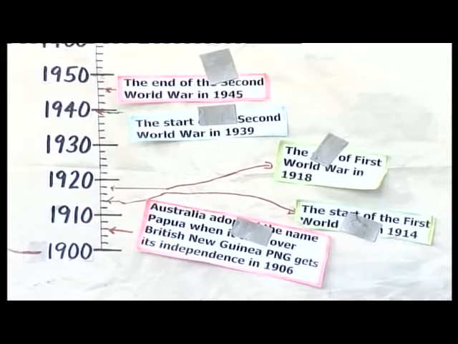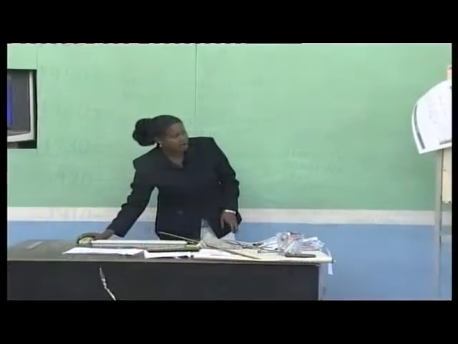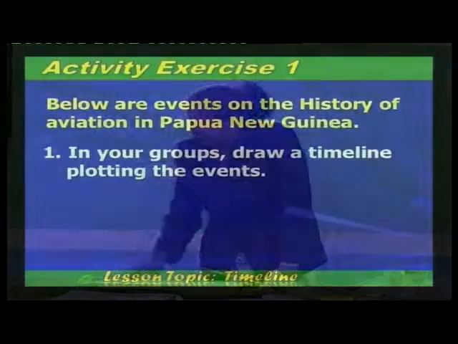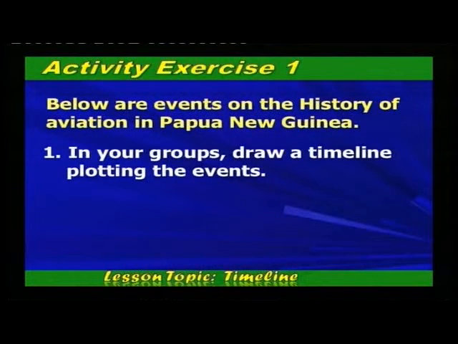Now I have an exercise for you to try in how to draw a timeline. Since we have now run out of time, I will ask you to do that for homework. Let's just look at that quickly. Below are events on the history of aviation in Papua New Guinea. In your groups, draw a timeline plotting the events.